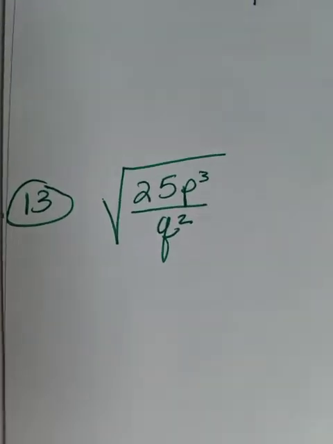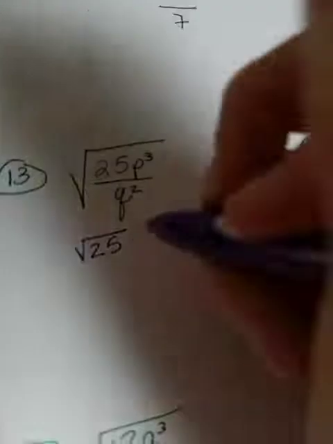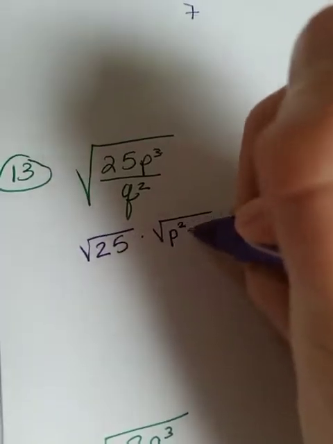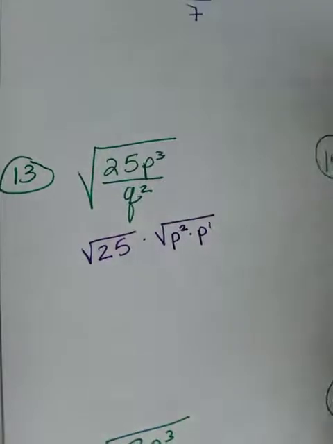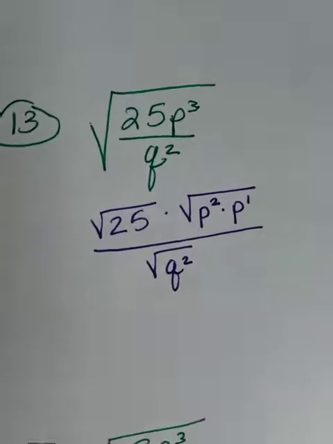13. Once again, 25p cubed all over q squared. You cannot simplify that fraction. So in the numerator, I'm thinking of that as the square root of 25 times p cubed. Now, 3 is odd. So just like before with multiplication, I want to think of that as p squared times p to the first, all over the square root of q squared. Again, a lot of you can do these steps in your head.